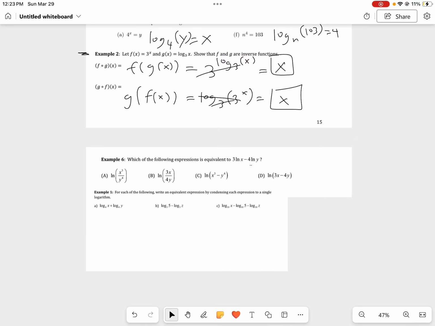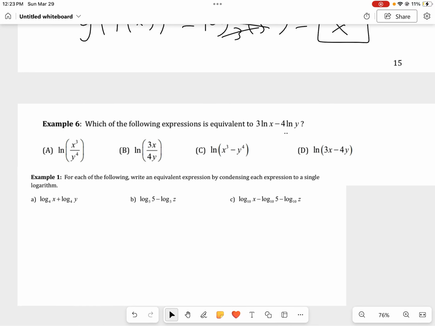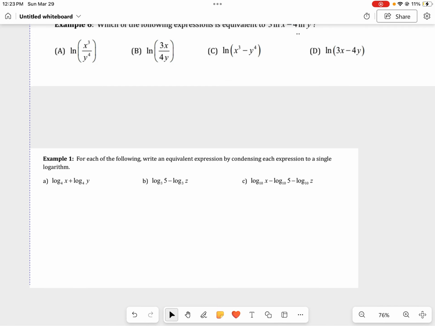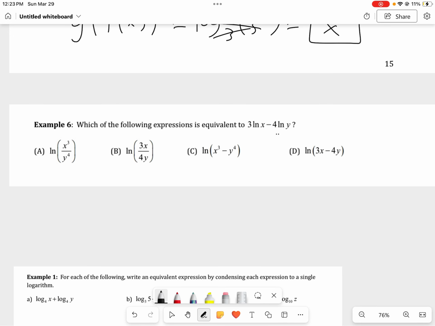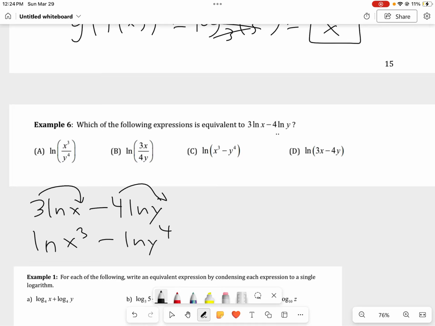Which of the following expressions is equivalent to that? Okay, well, let me move this. Well, we know that in this property, what we can do to this 3 ln x minus 4 ln y, we can move these exponents back to where they were because of the property rule we have. So it's just going to be ln x to the third minus ln y to the fourth.